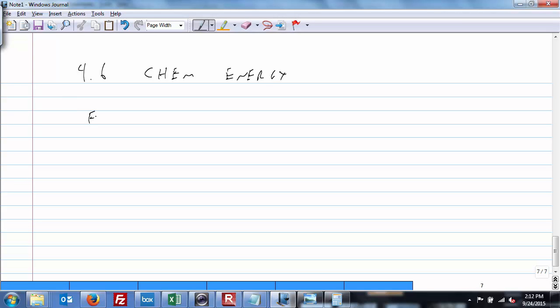So we looked at electronegativity. The next thing I want to look at is the energy density. So the second little blurb in here says using chemical energy. So let's look at energy density really quickly.